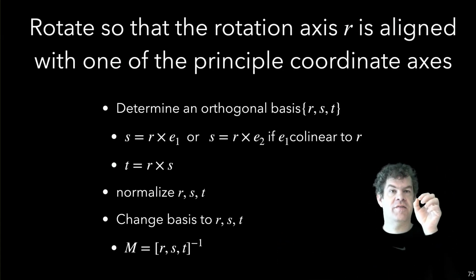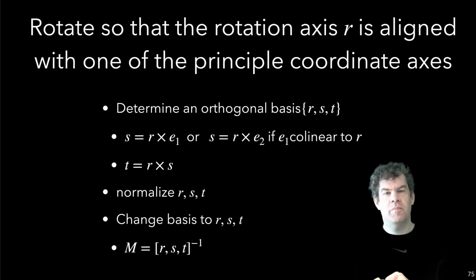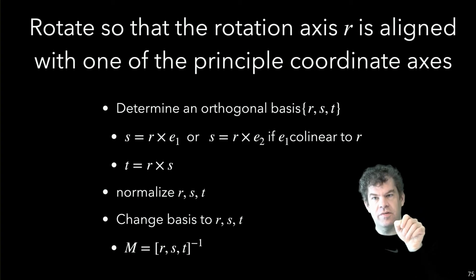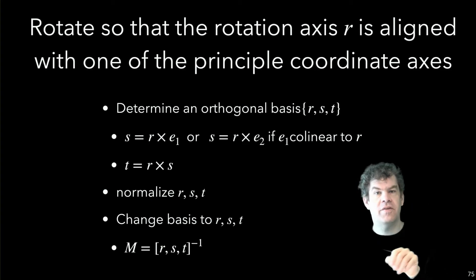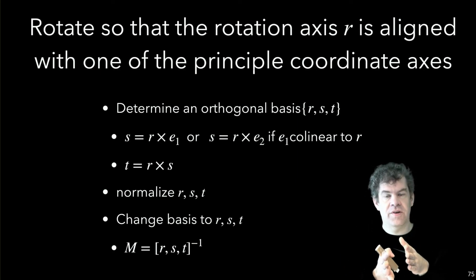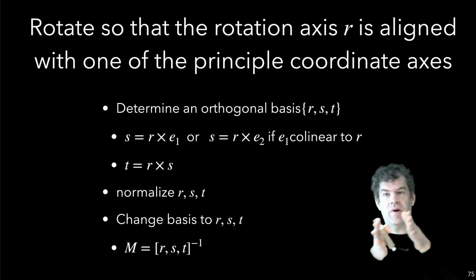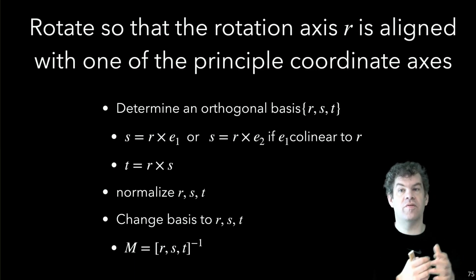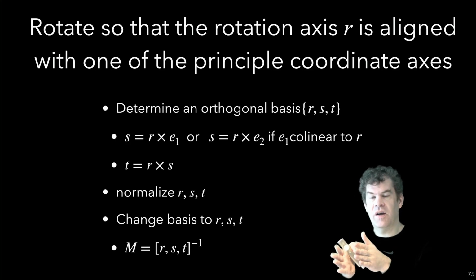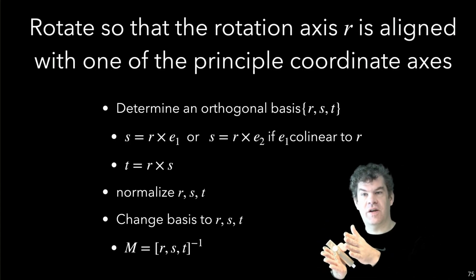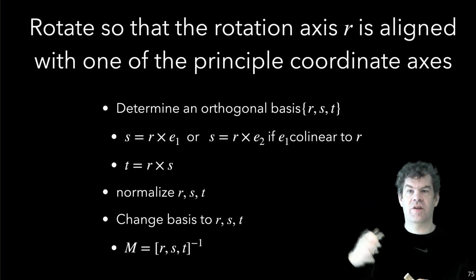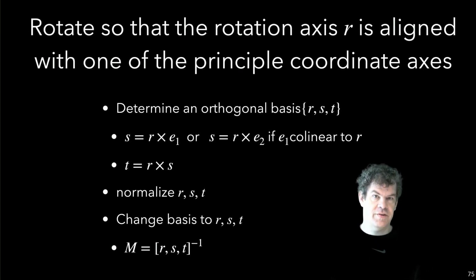Remember my PQ examples? I said, just take the vectors, in this case RST, put them in a matrix and invert that matrix, and you get something that changes RST into the unit vectors, so the other way around. It changes anything that's in direction R into unit vector 1, anything in direction S into unit vector 2, and anything in direction T into unit vector 3. So that's my base change matrix here.